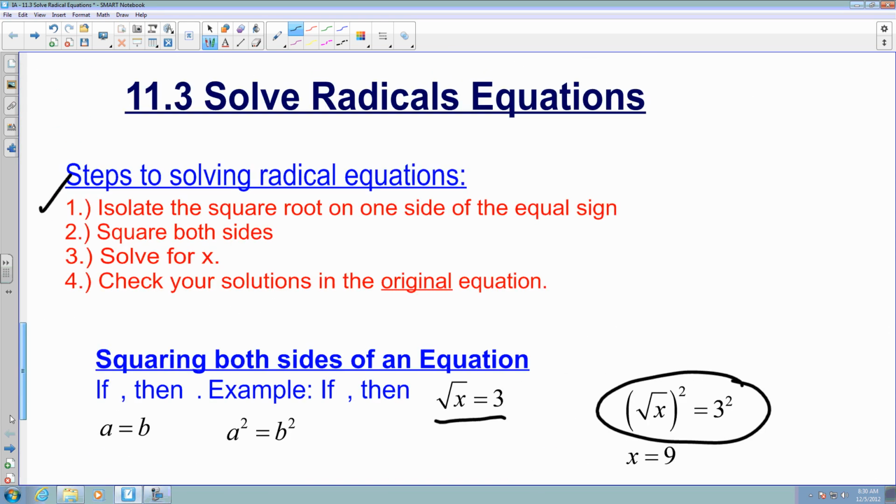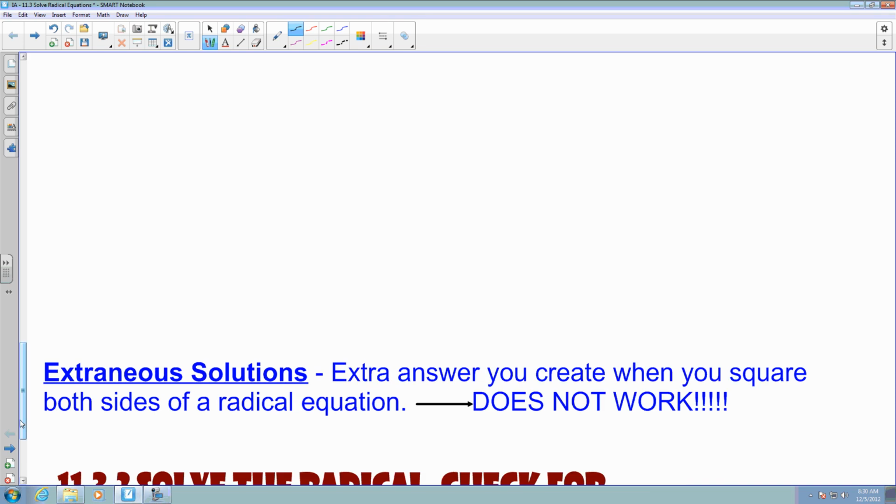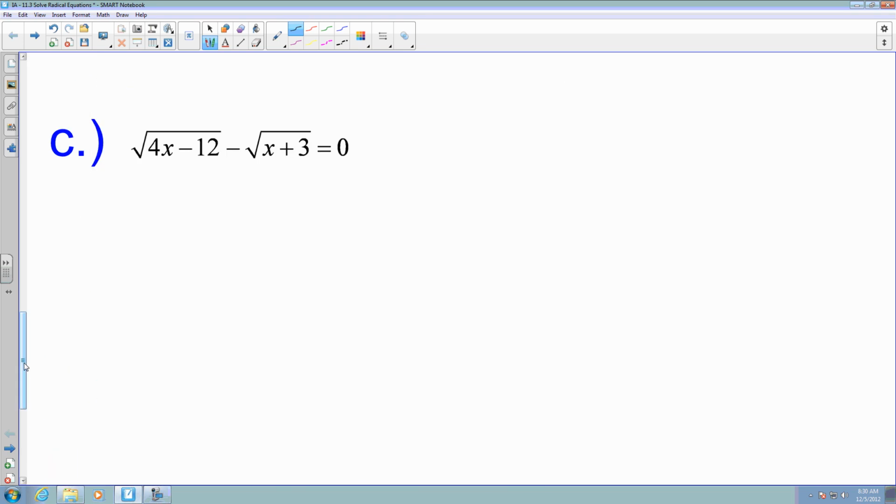Let's look at C. Jeez, I'm having trouble here. So the problem for C is the square root of 4x minus 12 minus the square root of x plus 3 equals 0.